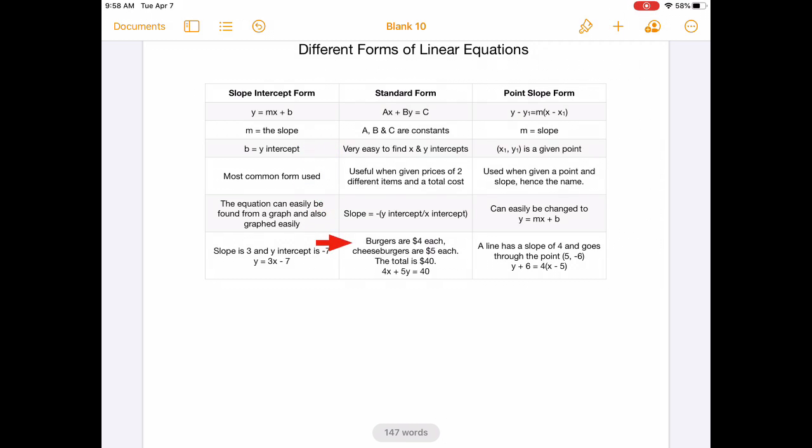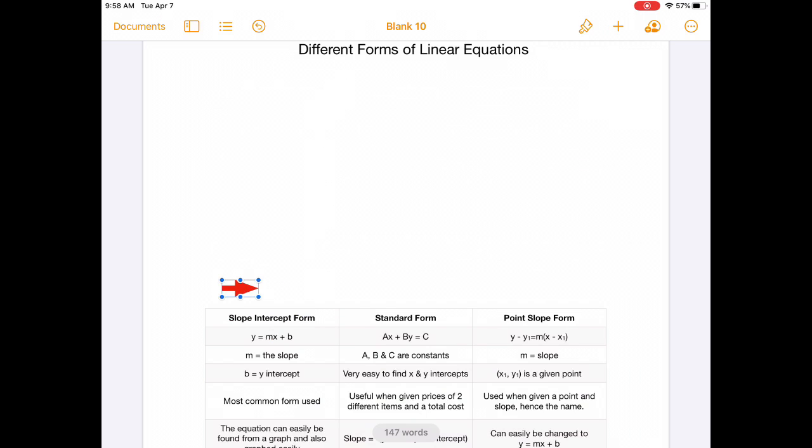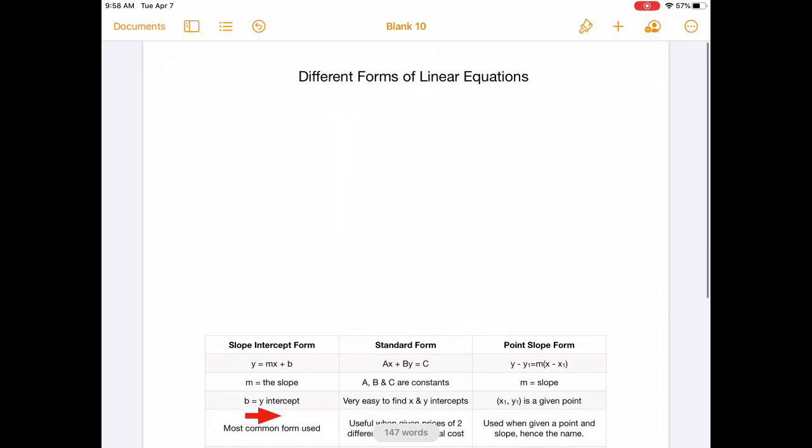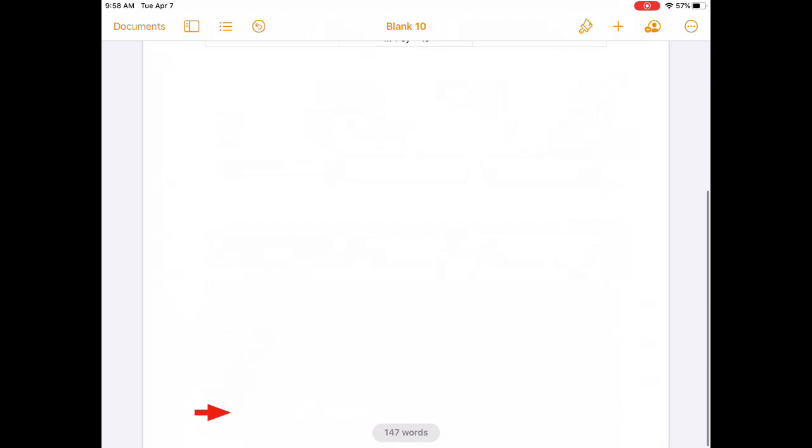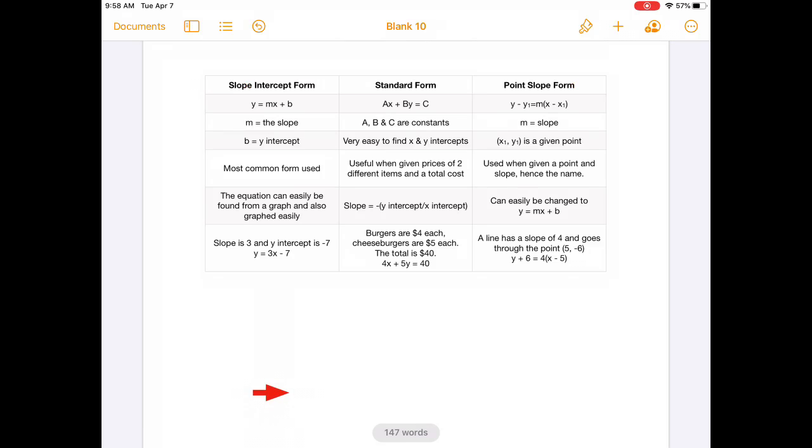If we look at this example down here for a standard form, burgers are $4 each and cheeseburgers are $5 each, and the total amount spent was $40, where x is the number of burgers and y is the number of cheeseburgers. 4x + 5y = 40. So I want to use that example here to show us the benefits of using the standard form.